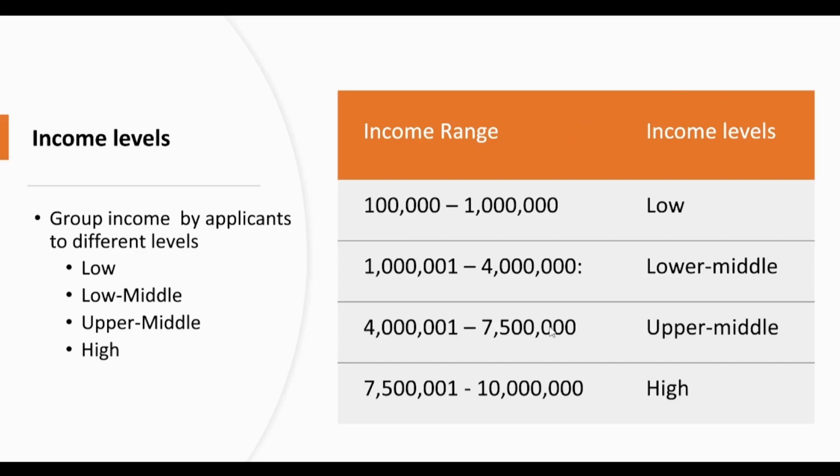Between 1 million and 4 million, we group them as lower middle. Between 4 million and 7.5 million, the applicants are in the upper middle income level. And between 7.5 and 10 million per annum, we group those loan applicants in the high income level.